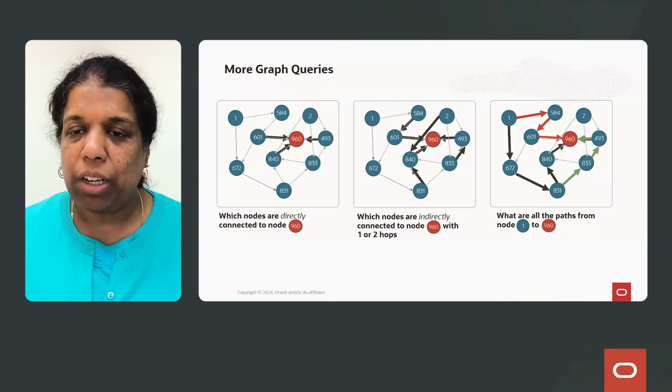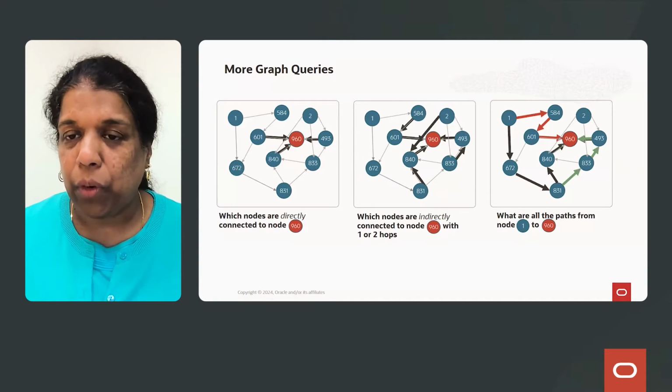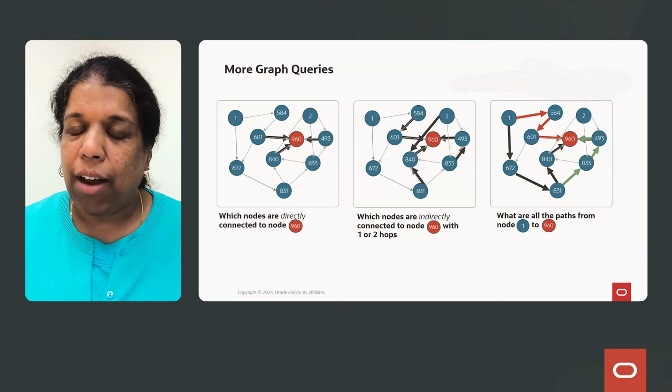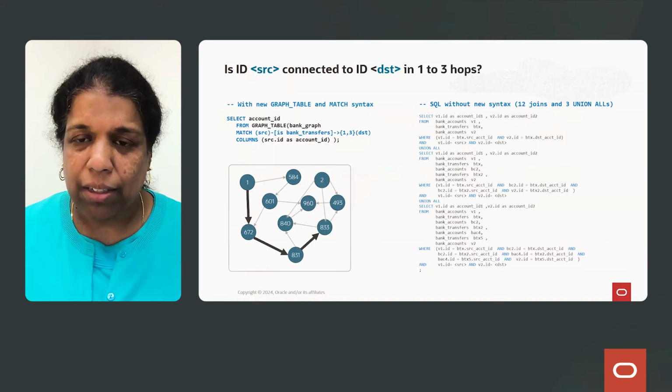And in the last visual here, we're asking the question, what are all the paths or all the connections between 1 and 8 and 960? There are several connections. I've highlighted a few of them. So the graph data model makes it easy for you to write such queries.